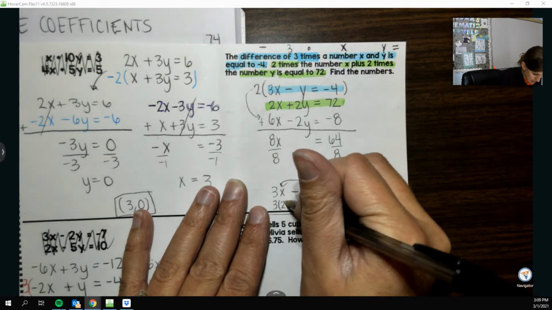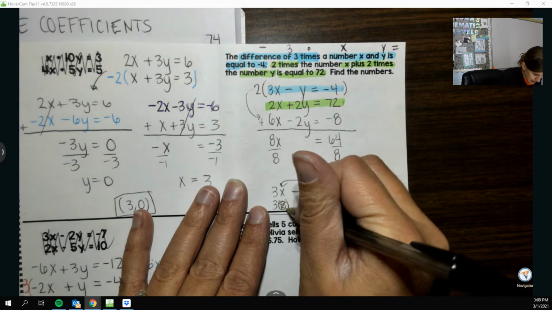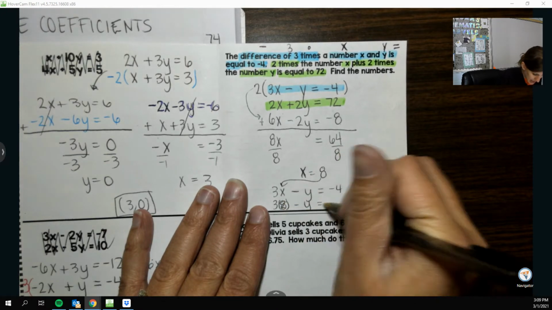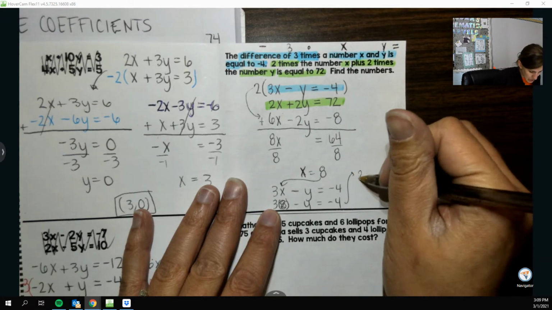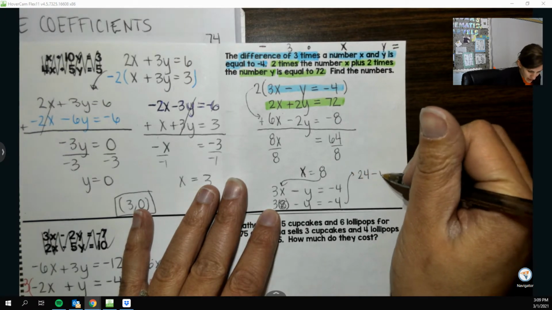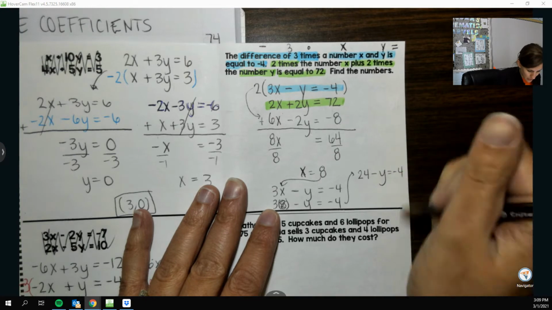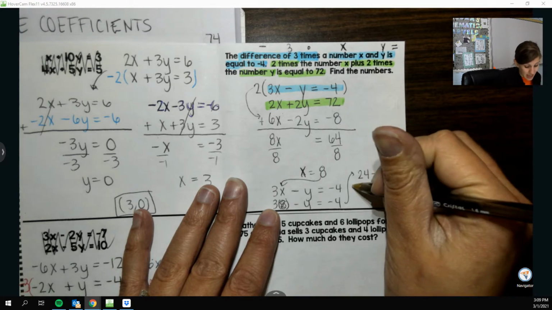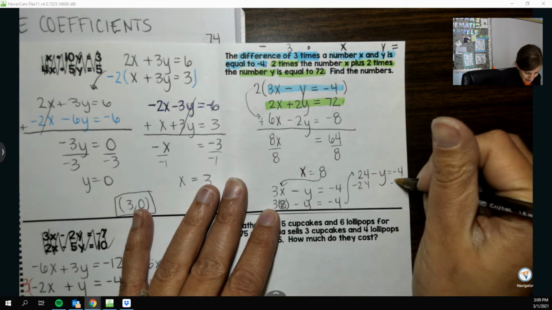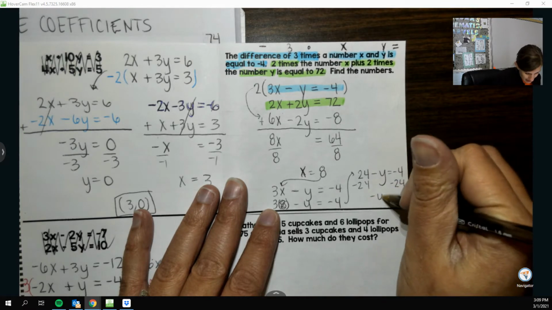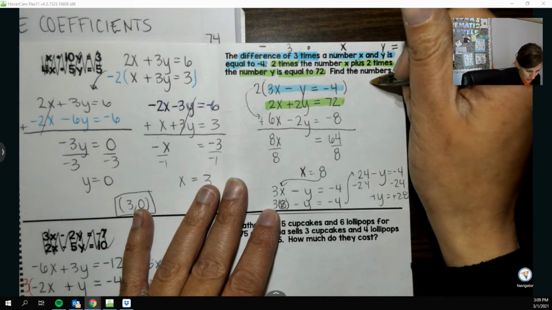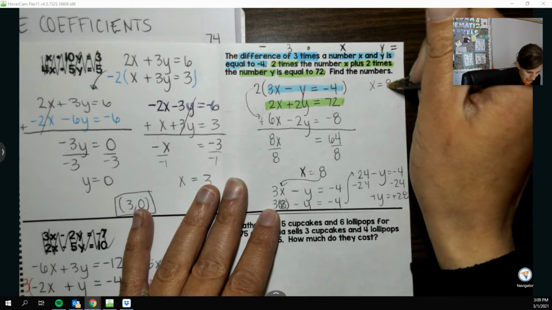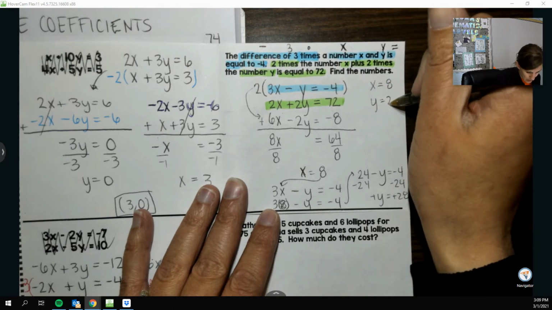So we'll have 3 times 8 minus y equals -4, which 3 times 8 is 24, minus y equals -4. I'll subtract the 24, and have negative y equals negative 28, and then just change both the signs. So I found both the numbers. x is 8 and y is 28.